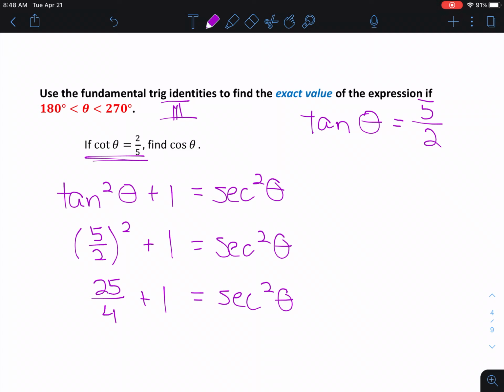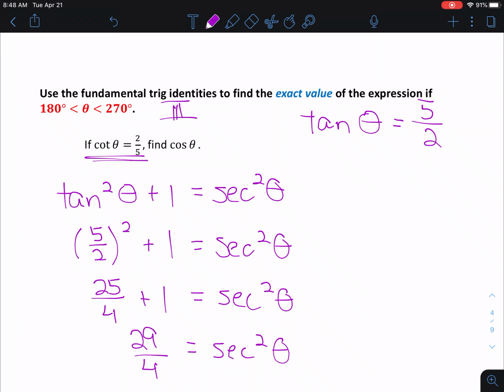Okay, now I have to take 25/4 plus 1. If we're adding fractions, again, we want a common denominator. So another way to think of 1 is 4/4. So 25/4 plus 4/4 is 29/4. And that gives us secant squared theta.